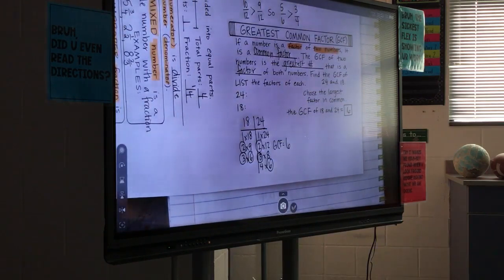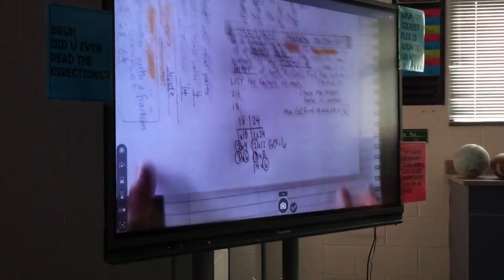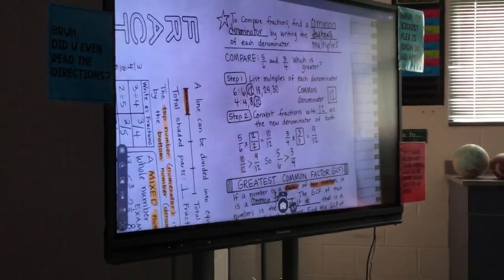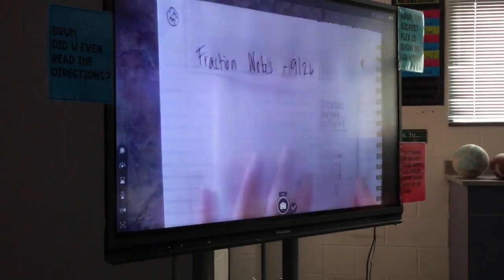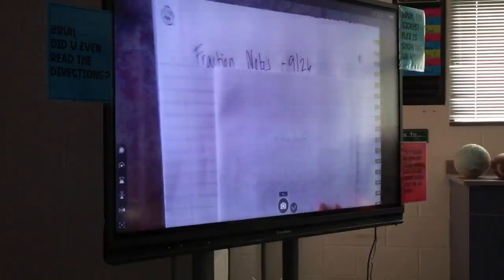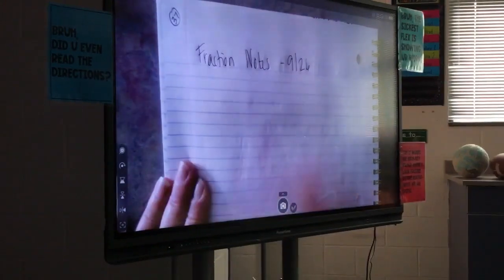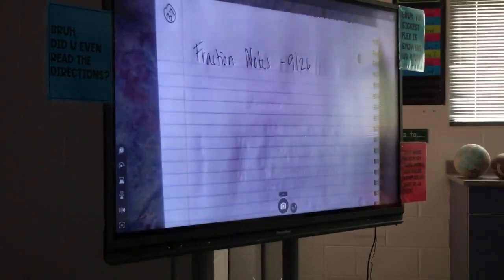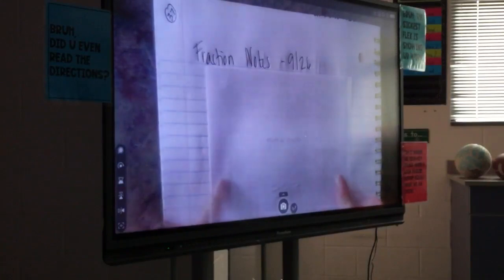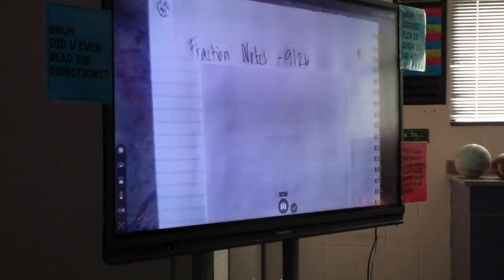All right, if you have this copied down, go ahead, fold it in half and glue it in on your note page. Stop talking.